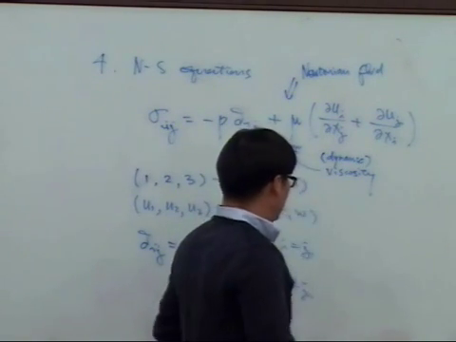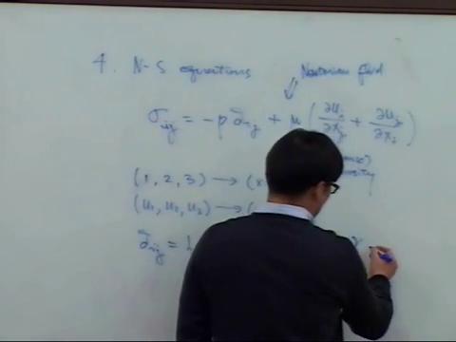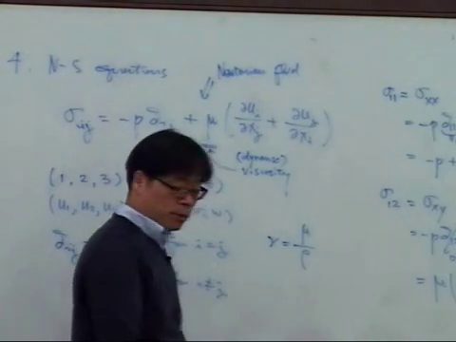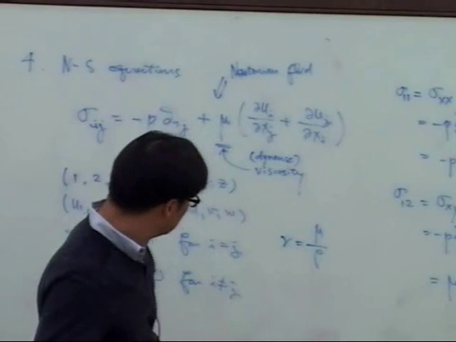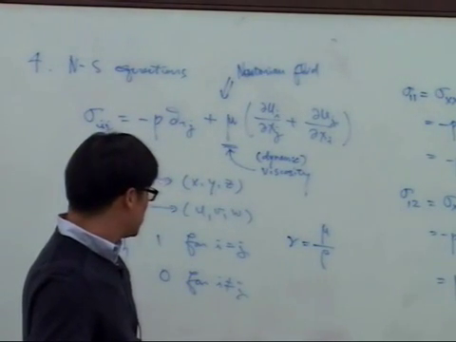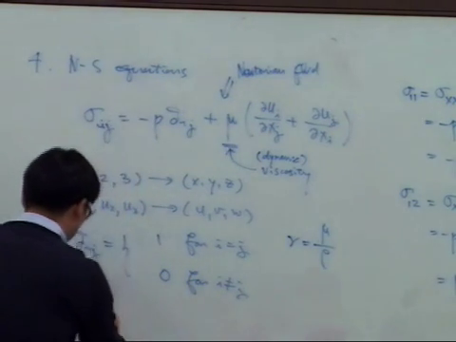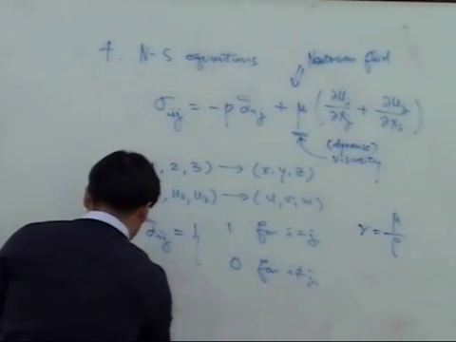Therefore, it is called dynamic viscosity. There is another viscosity which we call kinematic viscosity. It's defined by the ratio between dynamic viscosity and density. Okay, and then we derived the Navier-Stokes equations.